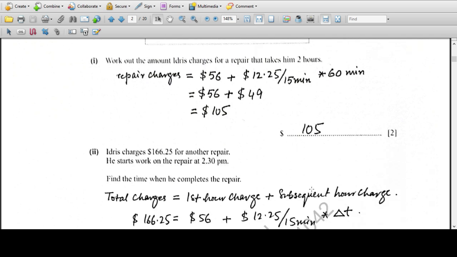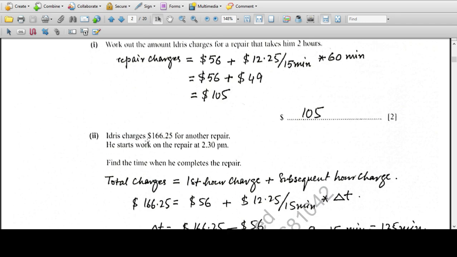Idris charges $166.25 for another repair. He starts work on the repair at 2:30 p.m. Find the time when he completes the repair.